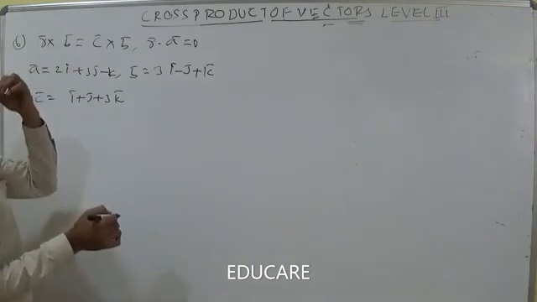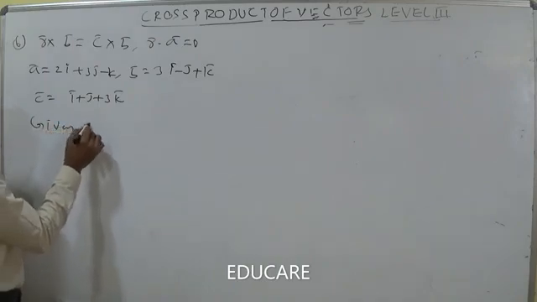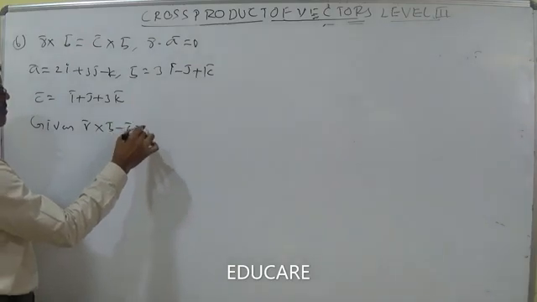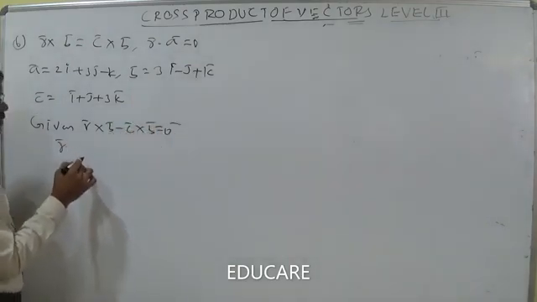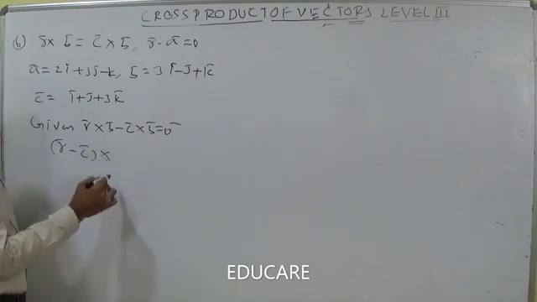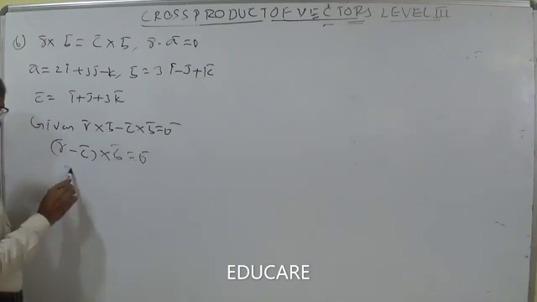It is the same old process as in the previous sum. R cross B minus C cross B equal to 0 bar. Then you can write (R bar minus C bar) cross B bar equal to 0.